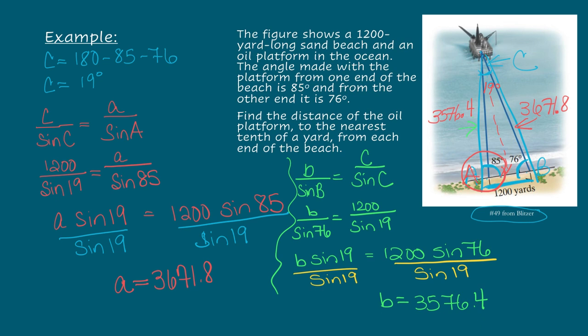Cross multiplying would have given you B equals 3,576.4. So the platform is about 3,671.8 yards from one end of the beach and 3,576.4 yards from the other.